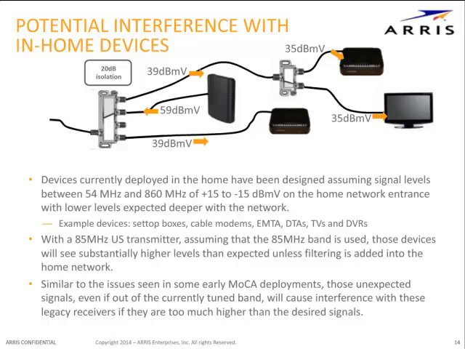Similar to the issues that we're seeing in some of the early MoCA deployments, these unexpected signals, even if the set-top box is currently tuned to, say, 400 megahertz, can still cause interference with these legacy receivers if they're substantially higher than the desired signals. So this is one potential issue that needs to be kept in mind as 85 megahertz devices are deployed, and particularly when you turn them on.